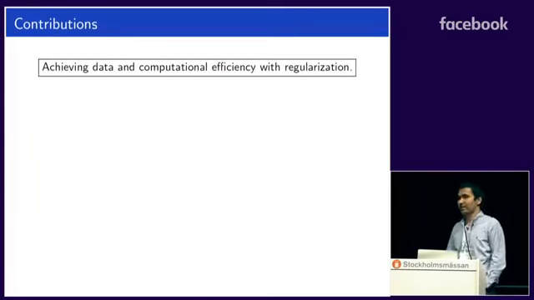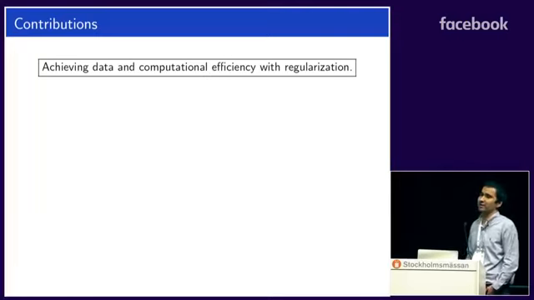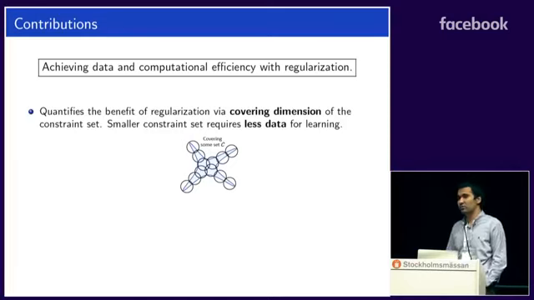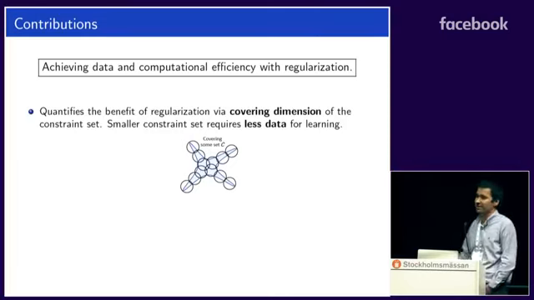I would say the one-line contribution is that within our framework, we show that regularization can achieve data and computational efficiency. Specifically, we first quantify the benefit of regularization by introducing a covering dimension. If this covering dimension, or the covering number, is smaller, then we will need less data for training.